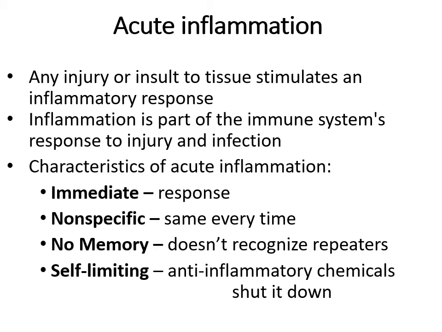So once the foreign substance or the injury has started to heal, and the mast cells and the neutrophils and the macrophages have performed their function, and now the fibroblasts are healing the area with new collagen, for example, the inflammatory cycle starts to shut down. So it's a very self-limiting process, okay, which is good because you don't want inflammation to continue when you don't need it any longer.